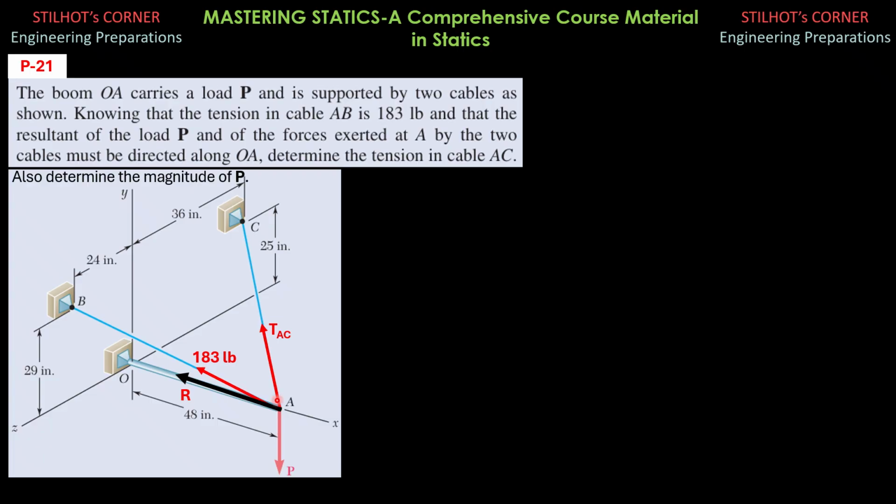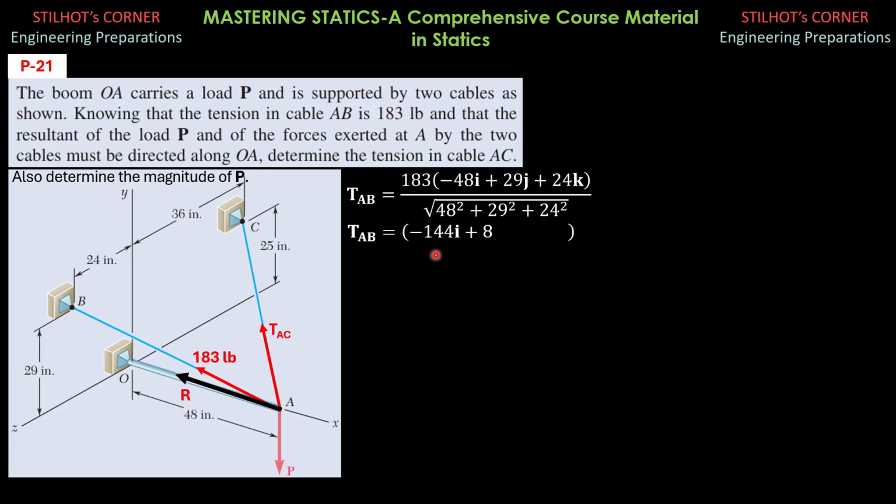Then tension AB is 183 times the quantity negative 48i positive 29j, then positive 24k. It is left, up, and forward. So that's why negative, positive, positive. Over the square root of 48 squared plus 29 squared plus 24 squared. Simplifying, the tension in AB is negative 144i plus 87j plus 72k pounds.